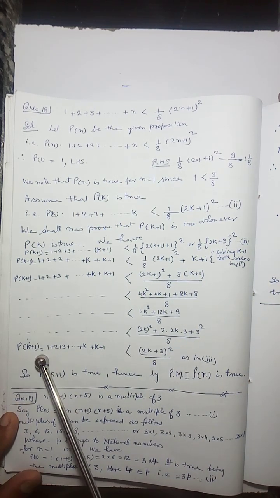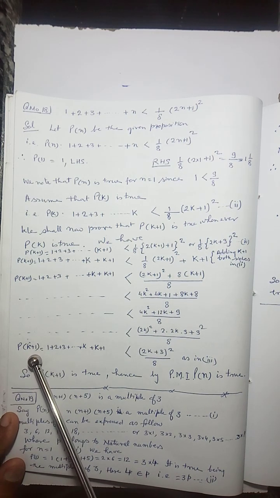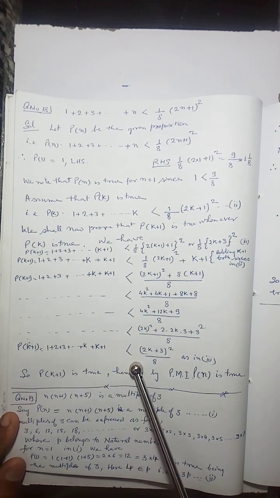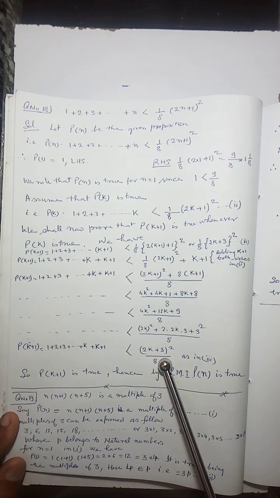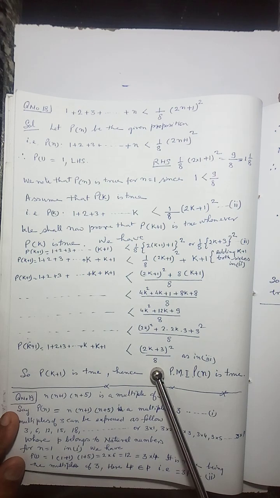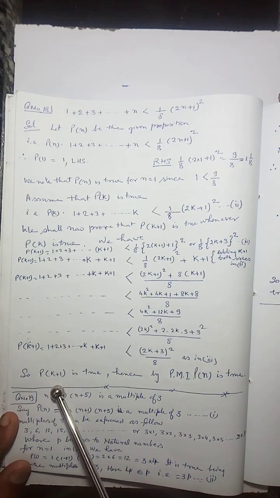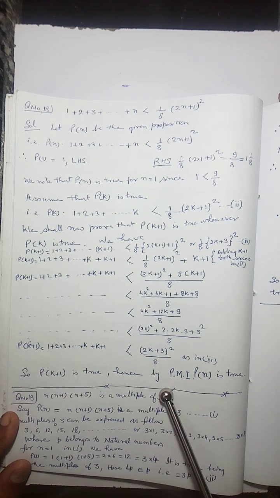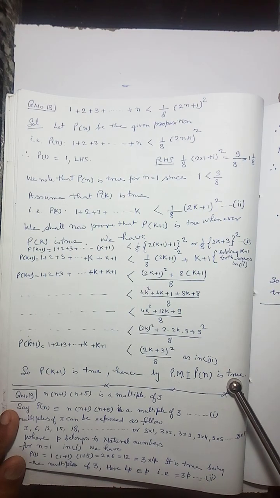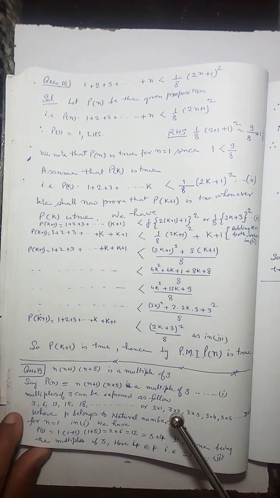It means that the proposition P(k+1), 1 plus 2 plus 3 plus ... plus (k+1), is less than (2k+3) whole square by 8, as in the third, you see. So P(k+1) is true. Hence, by the principle of mathematical induction, P(n) is true.